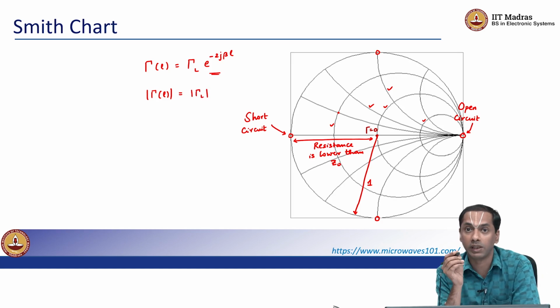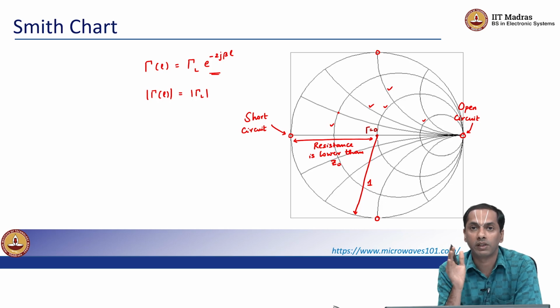So essentially the meaning of moving away from the load and towards the generator on a lossless transmission line amounts to going on a circle of given radius mod gamma L, and you are just incrementing in phase, right.